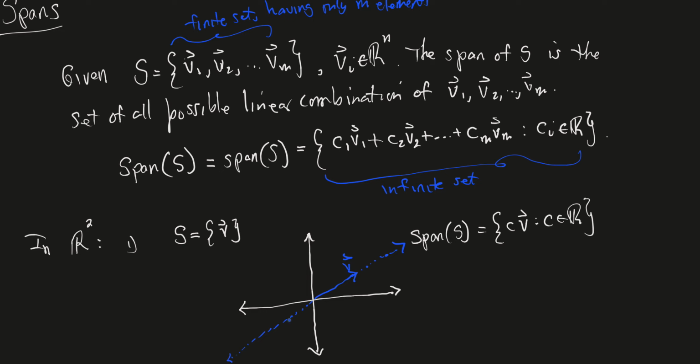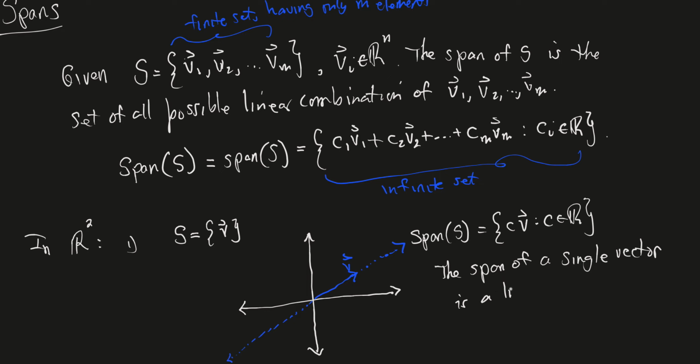Geometrically, the span of a single vector, and this is actually true in any dimension, 2 or 20, is a line.